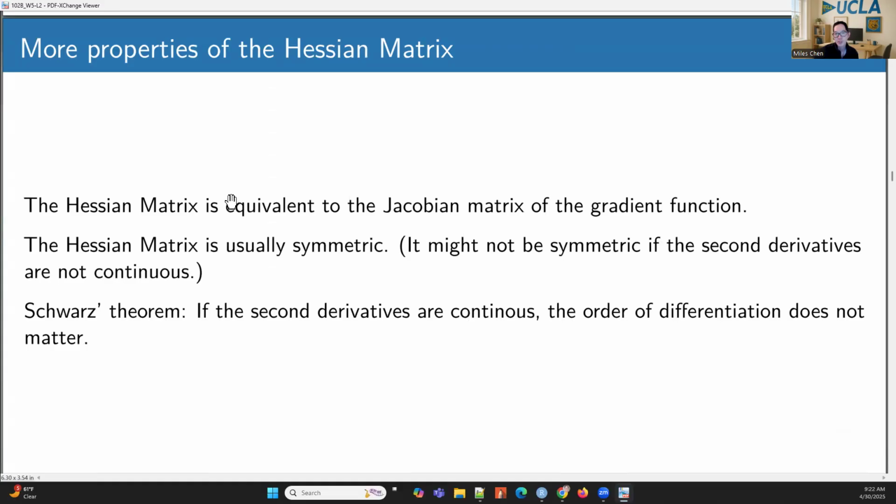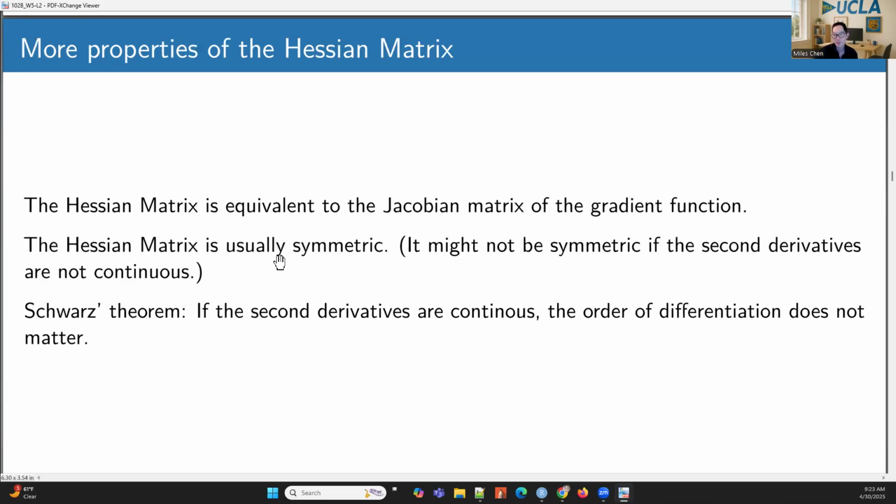The Hessian matrix, these are just some additional properties. This is equivalent to the Jacobian matrix. So the Jacobian is basically the matrix of second derivatives and things like that. Okay. The Hessian matrix is, I put here, usually symmetric.